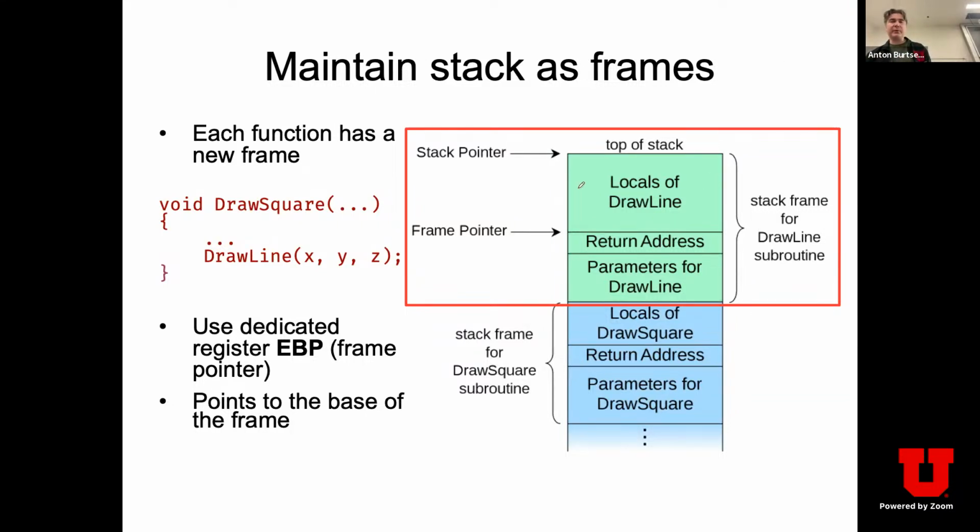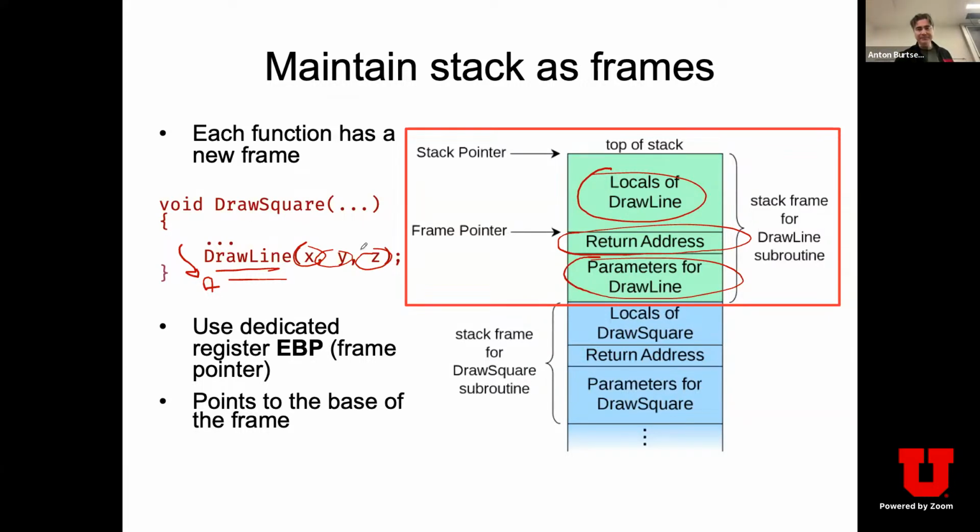But what the stack frame will contain is the local variables of the draw line. So imagine draw line declares some local variables. There will be a return address to make sure that you know how to return from draw line into this address A here, and the parameters which are passed to draw line as arguments, right? And let's just go one by one.